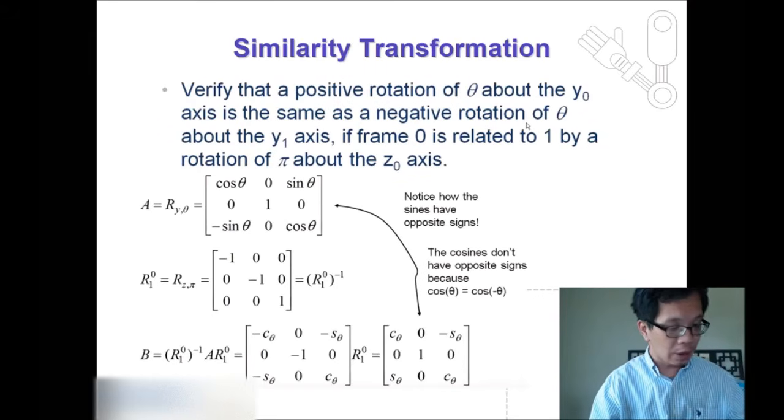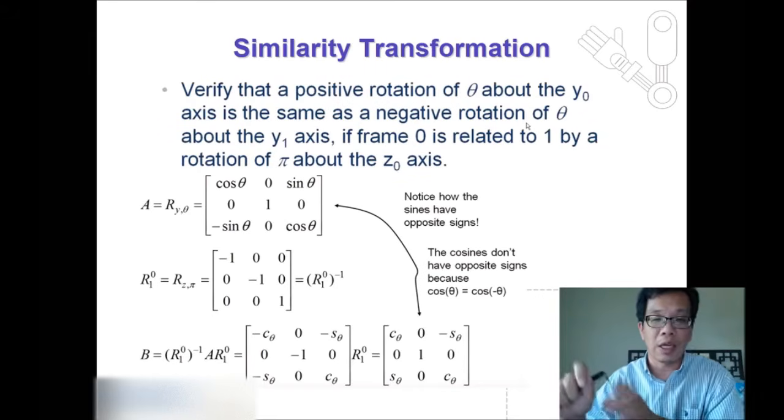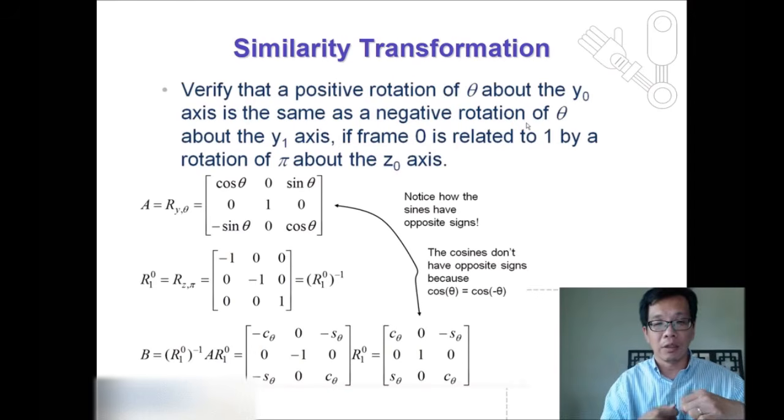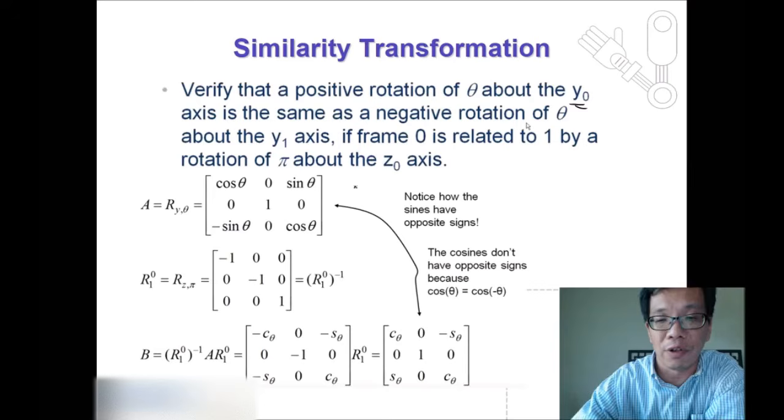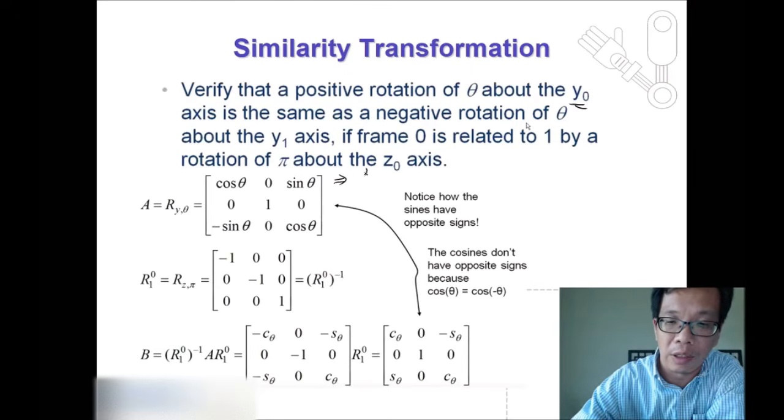So this one over here is an example. Let's say I got the rotation about the y0 axis, which is from the view of frame 0.